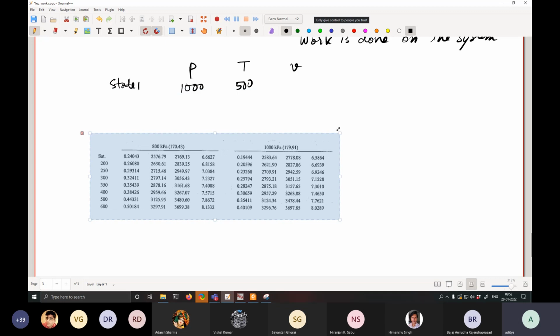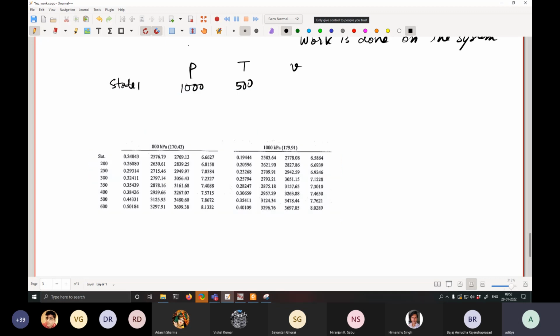So what do you see? At 1000 kilopascal, the first thing that should strike you is that the saturation temperature, which corresponds to 1000 kilopascal, is 179.91.